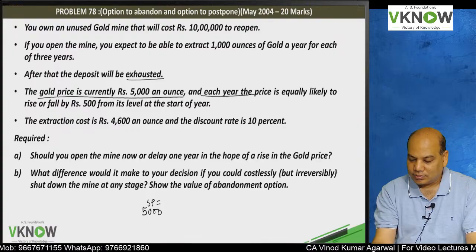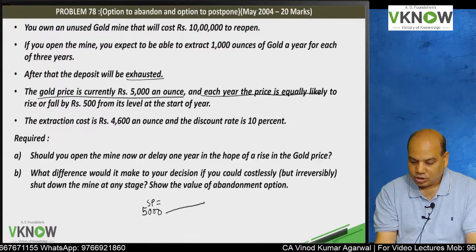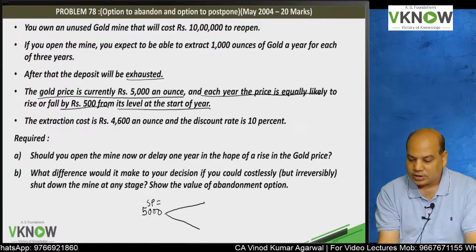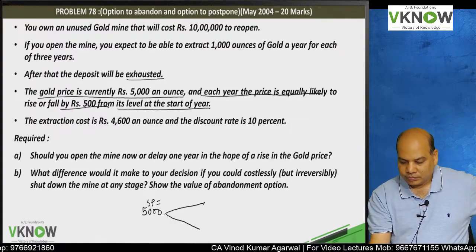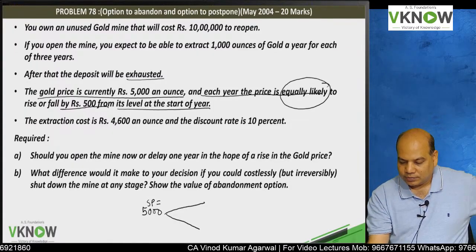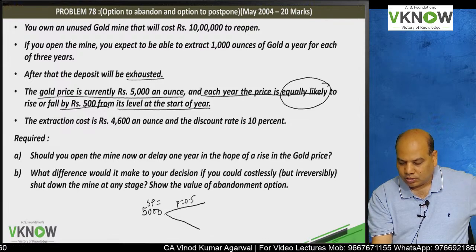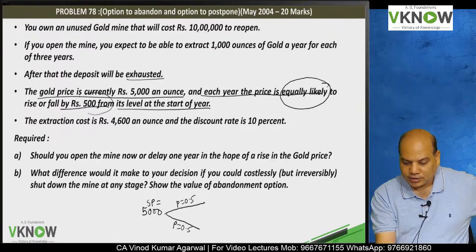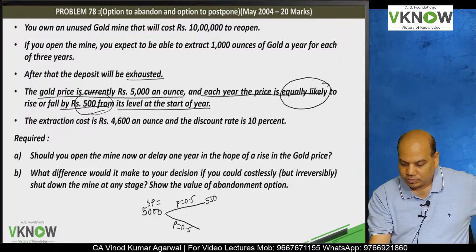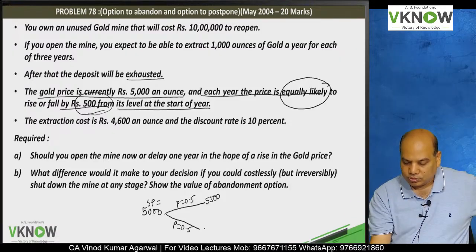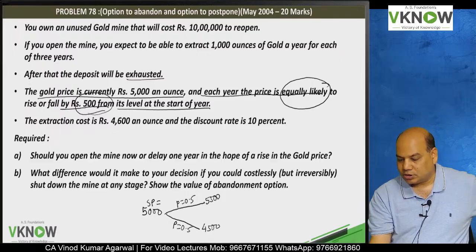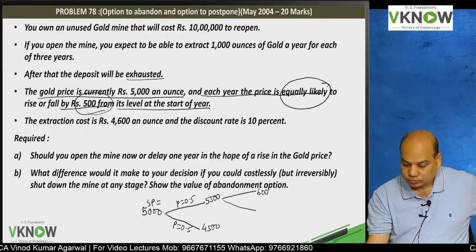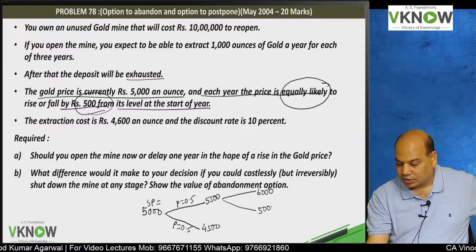And each year the price is equally likely to rise or fall by rupees 500 from its level at the start of the year. What is the meaning of equally likely? Means probability is equal, 0.5, 0.5, because there are two possibilities. The price can rise by 500, so the price will become 5500, or it can become 4500. If it is 5500, then in year 2 it can be 6000 or 5000.